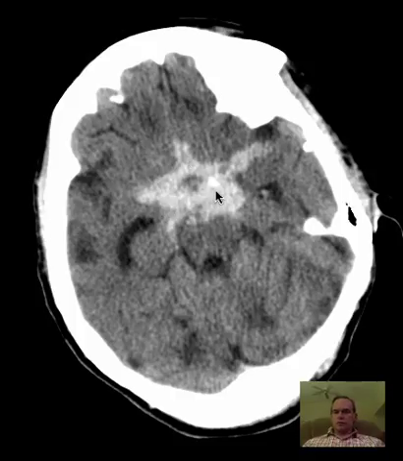This is hemorrhage. So, given that it is in this subarachnoid space, these cisternal spaces, which are subarachnoid anatomically, this is a subarachnoid hemorrhage. And this stellate, kind of star-like pattern of distribution of the blood is typical of many subarachnoid hemorrhages.